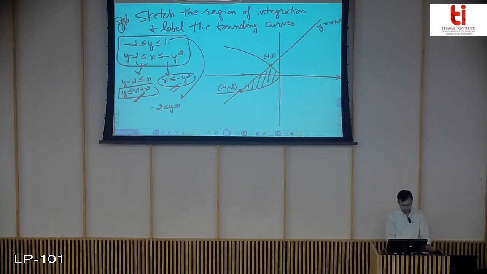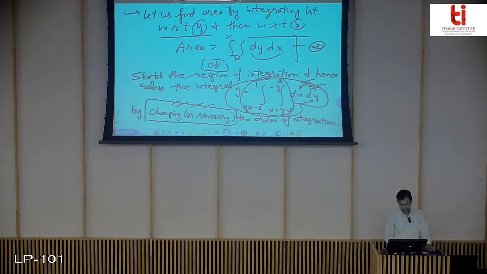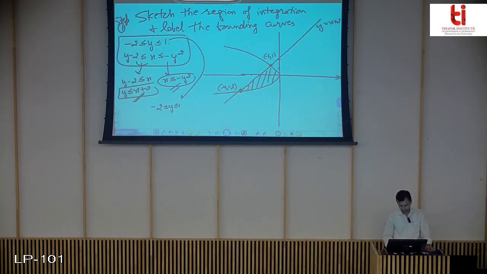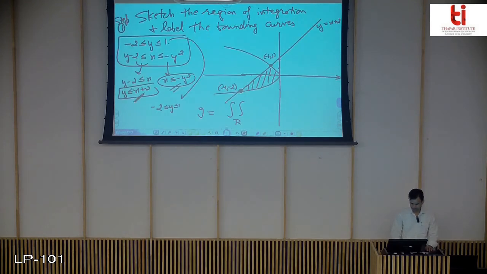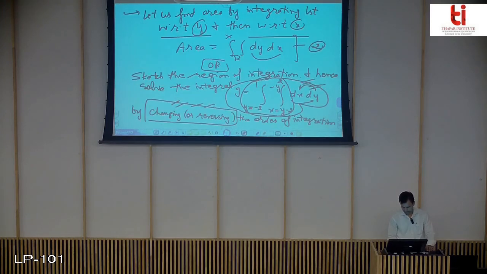The motive here is to find the integral, this one. So now we have to find the integral I is equal to the integral over the region R, say the region is R, and the area element is dx dy.